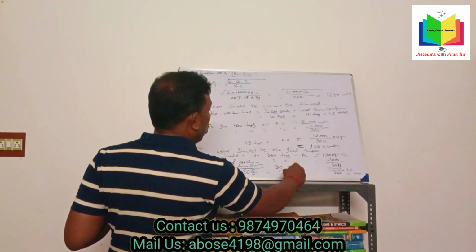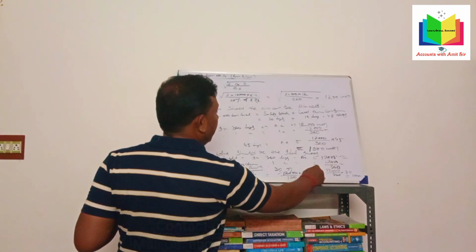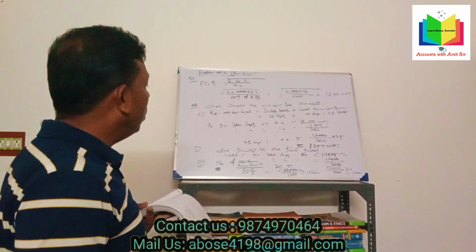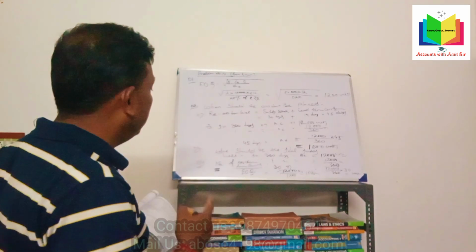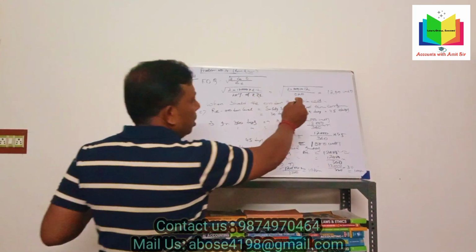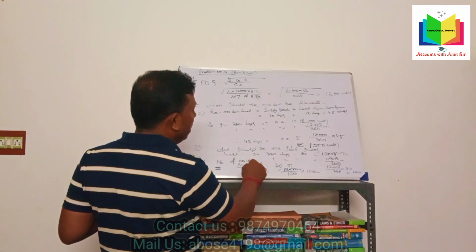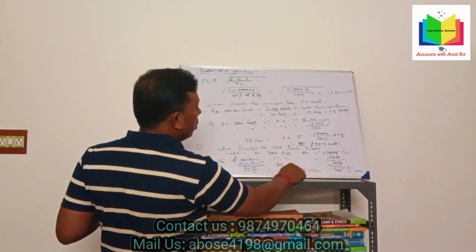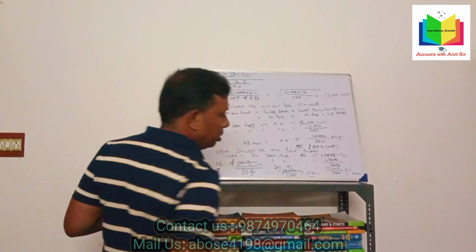Here the annual consumption is 12,000 units, and we earlier found EOQ is 1200 units. So the number of orders in a year is 12,000 divided by 1200, that is 10 times.